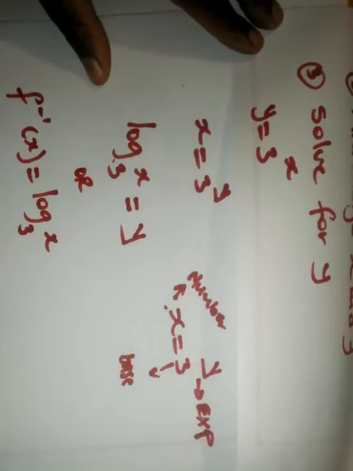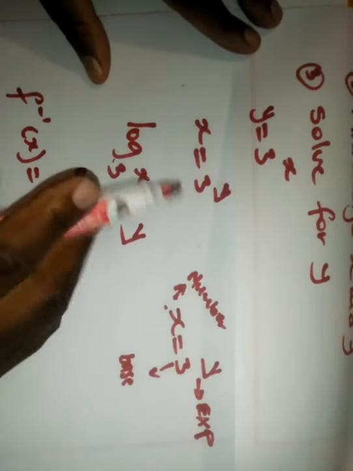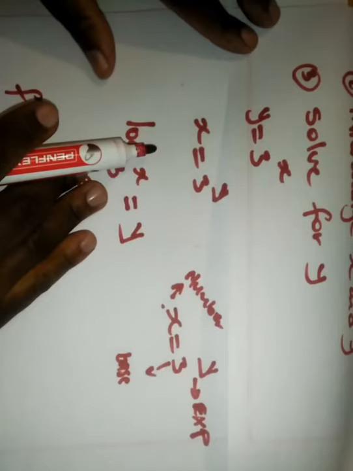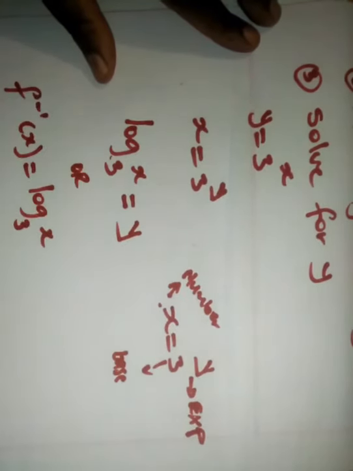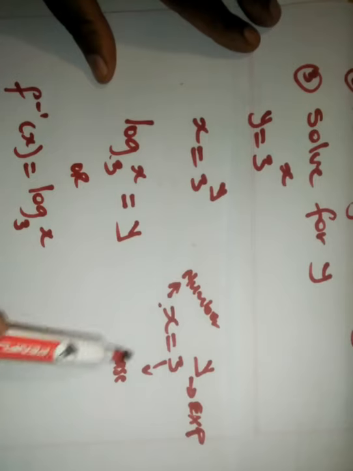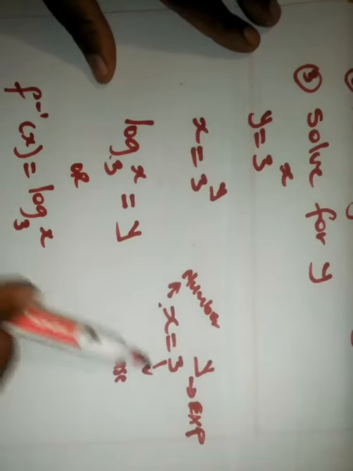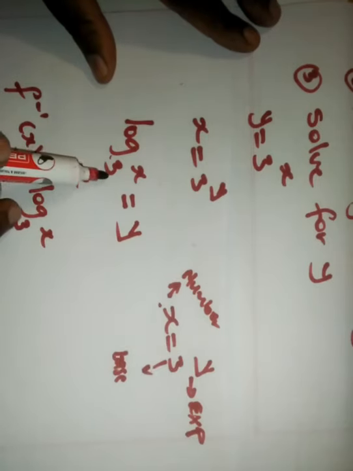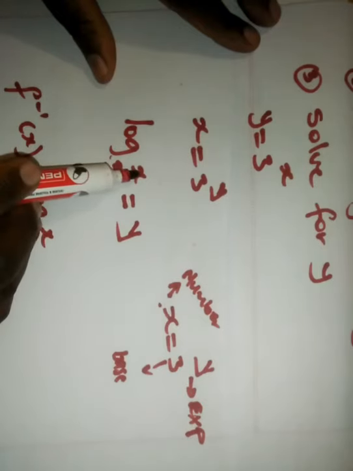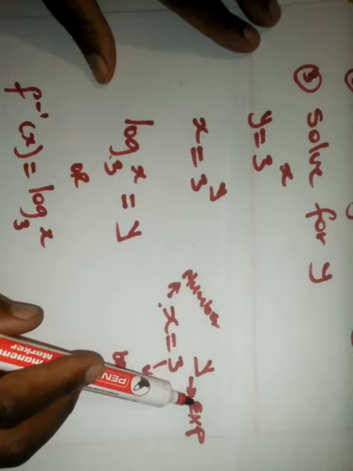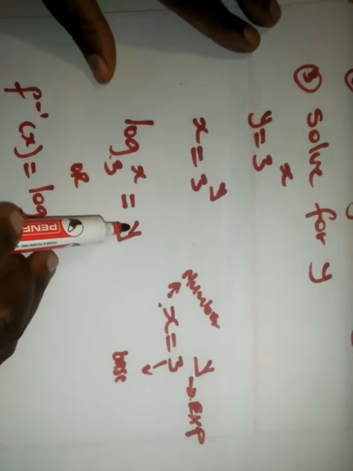That's how you determine the inverse of the exponential graph. Just follow those three easy steps, guys, and everything should work out just fine for you. Try to apply the log here, and always remember this part over here. Like I said, whatever is the base will remain the base on the log, whatever is the number on the log is going to be the exponent, and whatever is the exponent on the log is going to be the number.